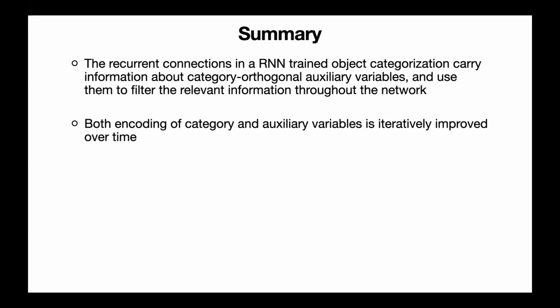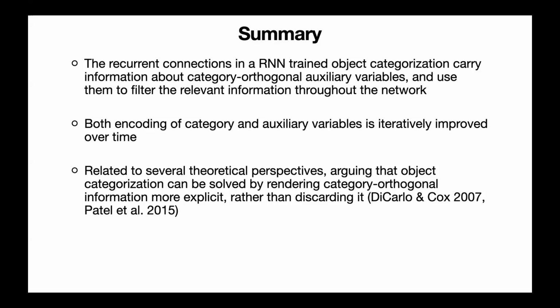And both encoding of category and auxiliary variables is iteratively improved over time, which nicely relates to some theoretical perspectives arguing that a good solution for object categorization is not just to discard all information about anything other than category, but actually to make that information more explicit so as to optimally separate different object categories.